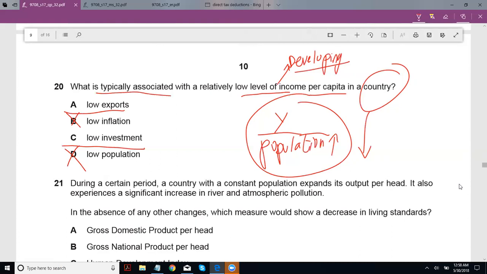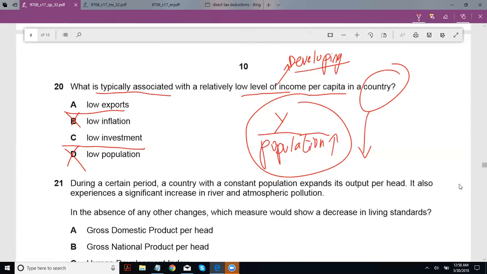associated. Now, a lot of developing countries, they do export, but they don't normally earn a lot from their exports, because that's something that's also associated.